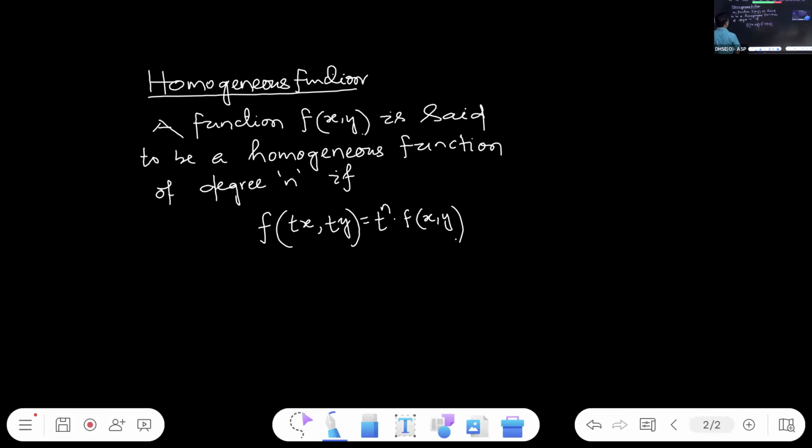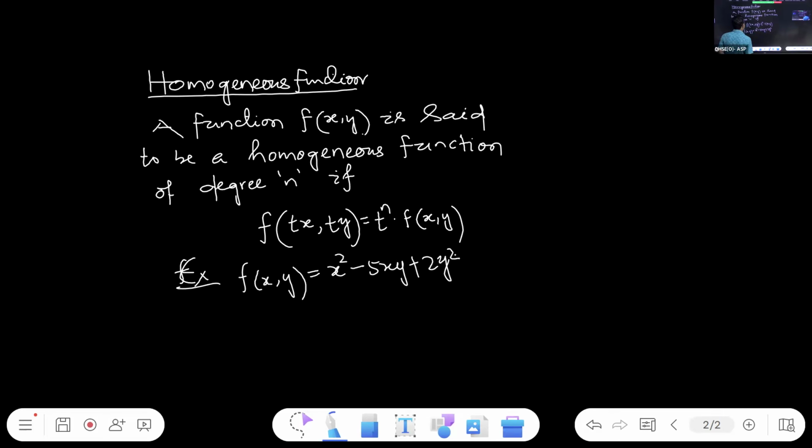For example, f of xy is equal to x square minus 5xy plus 2y square.